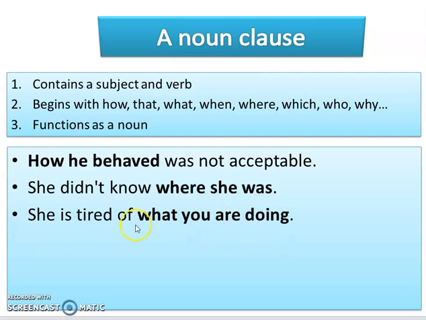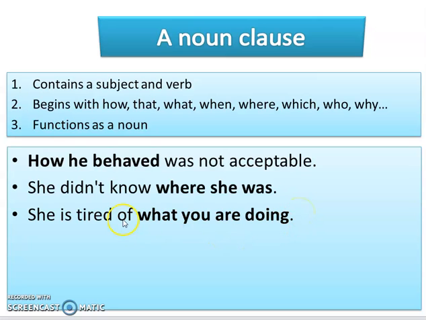More examples. She is tired of what we are doing. We talked before in the phrases lesson about prepositions, and we said that after the preposition we have something called the object of preposition. The object of preposition is a noun. So if instead of putting she's tired of him or she's tired of her, I put what you are doing, I have a subject and I have a predicate.